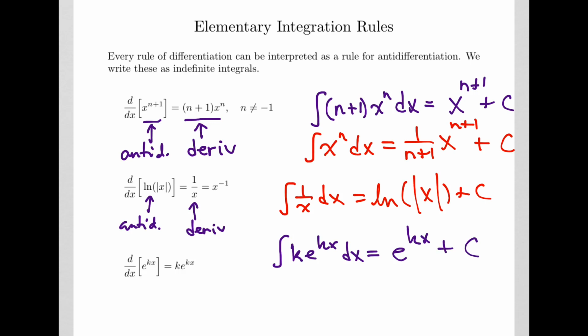We normally want our rule not to include the constant k, so I would need to divide both sides by k. So the original function is now 1 over k e to the kx plus c. So these are the three basic rules we're going to be using.